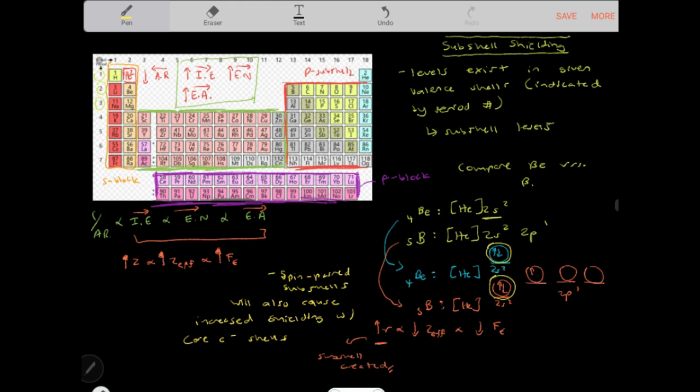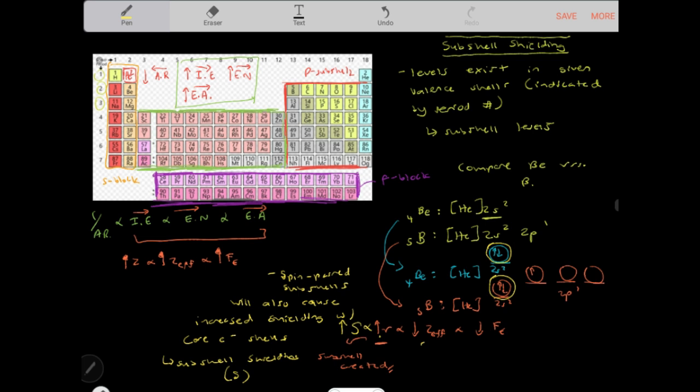And this is what we call subshell shielding. So we have more subshell shielding, so collectively our shielding increases. Because shielding increases, separation distance increases, and as a result, the effective nuclear charge decreases, and the force of attraction will decrease.